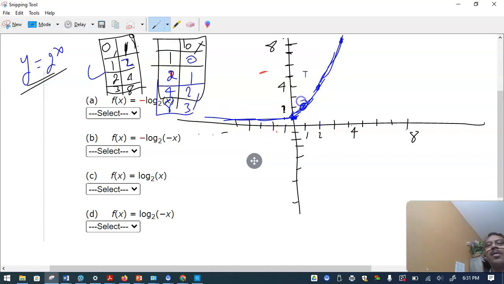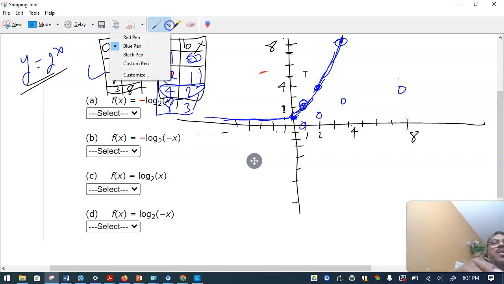These are the points. Now I have to graph the inverse. So 1 is 0, that's the point. Then 2 is 1, 4 is 2, and 8 is 3.